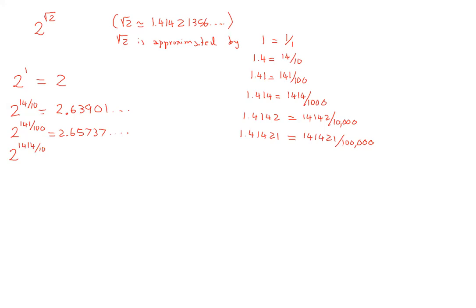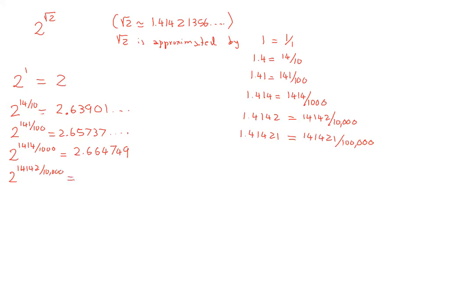And how much is 2 to the 1414 over 1,000? It turns out that this is 2.664749. And how much is 2 to the 14142 over 10,000?